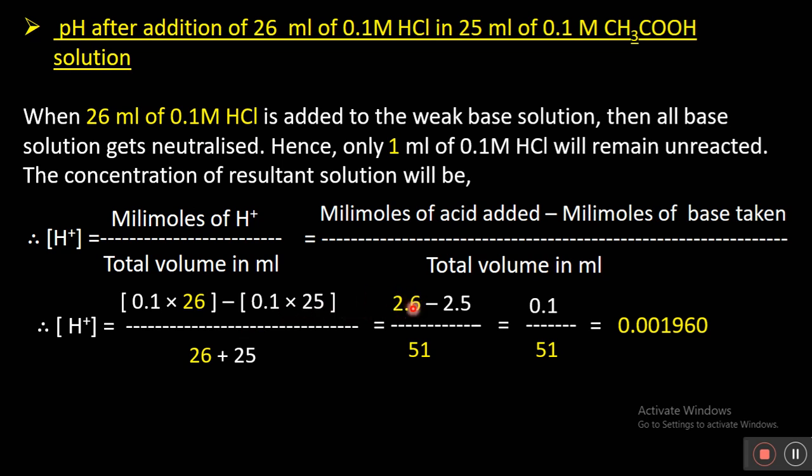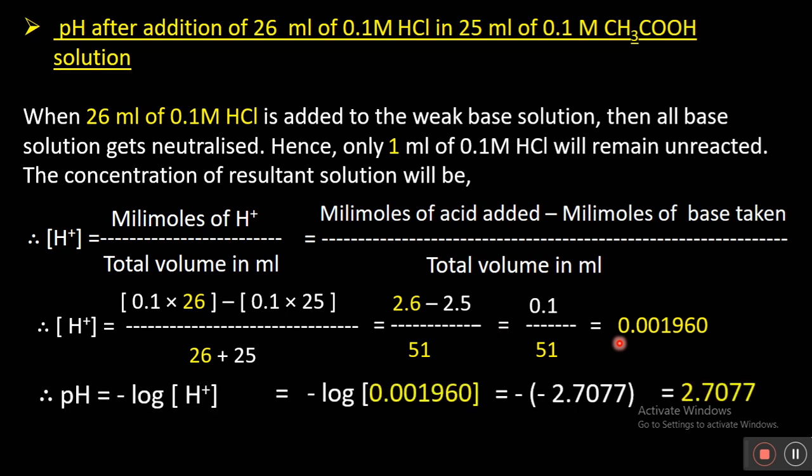So millimoles of H plus remaining will be 2.6 minus 2.5 equal to 0.1, and total volume will be 26 plus 25 equal to 51. Do this division, then we get concentration of H plus equal to 0.001960.